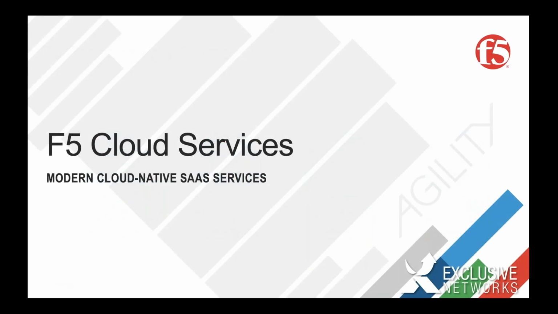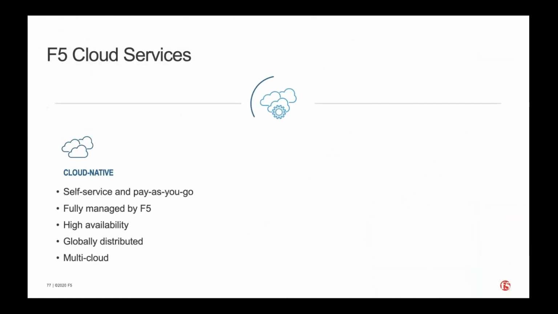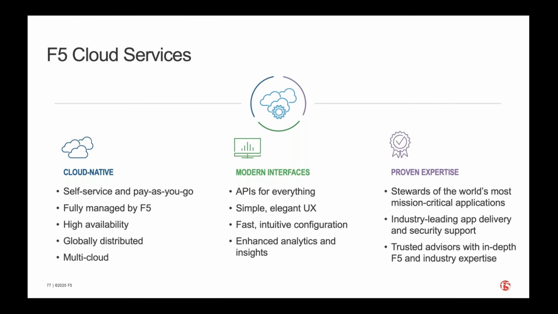Within cloud services itself, we have also different other solutions. It's always cloud native. We can use different APIs, or we have a nice GUI where we can configure our environments. And it's always based on the knowledge that F5 already created in the past by building its BIG-IP platform.